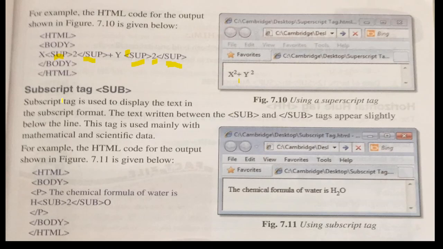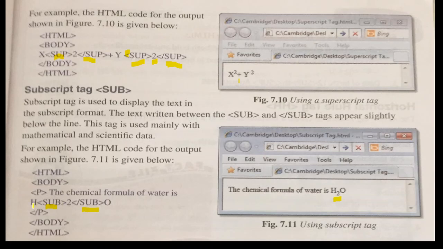So this is subscript. This is the opposite of superscript. So you can put the number below. You can use SUB, and then you need to close it. This is a container tag.